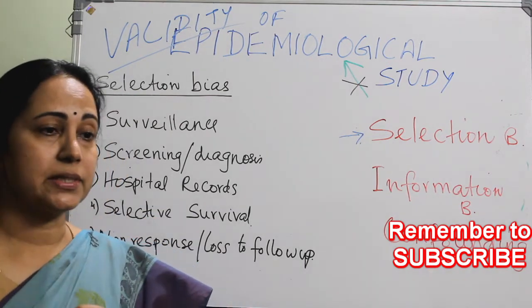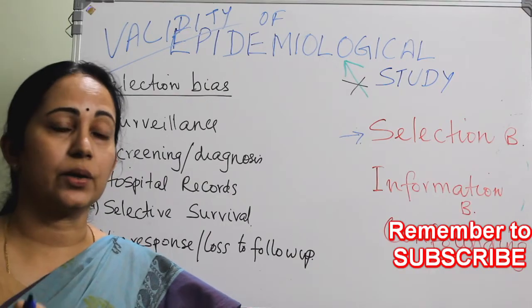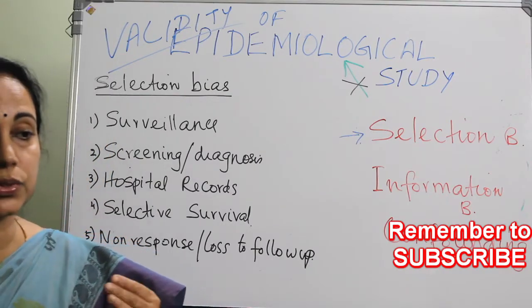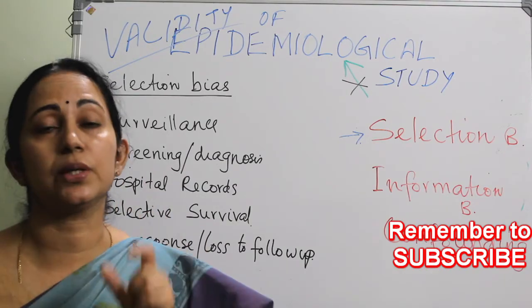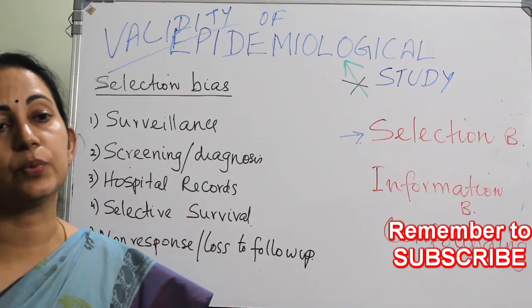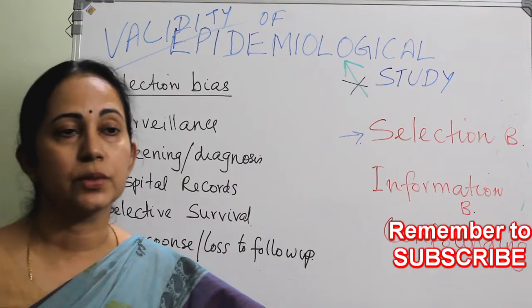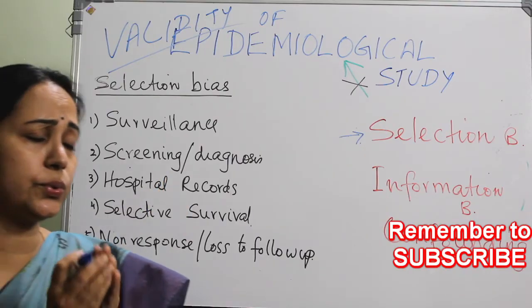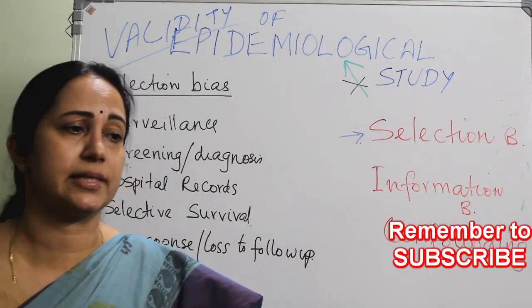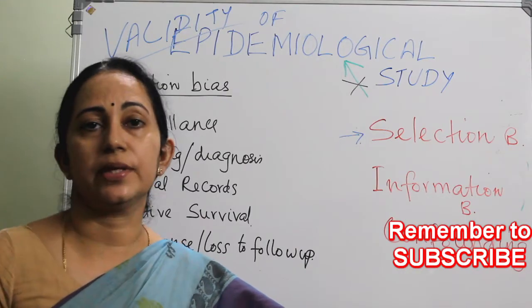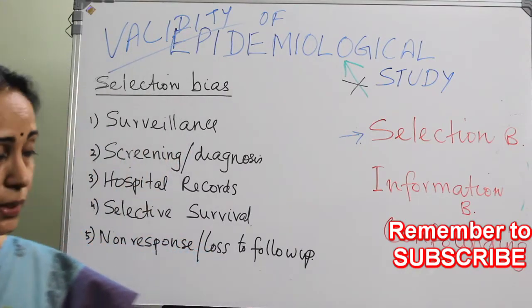If the criteria for diagnosis or screening is not absolute, there is a chance of more exposed cases coming into the study. So in order to reduce that, you have to plan a very strict criteria for screening as well as for diagnosis before the start of the study.